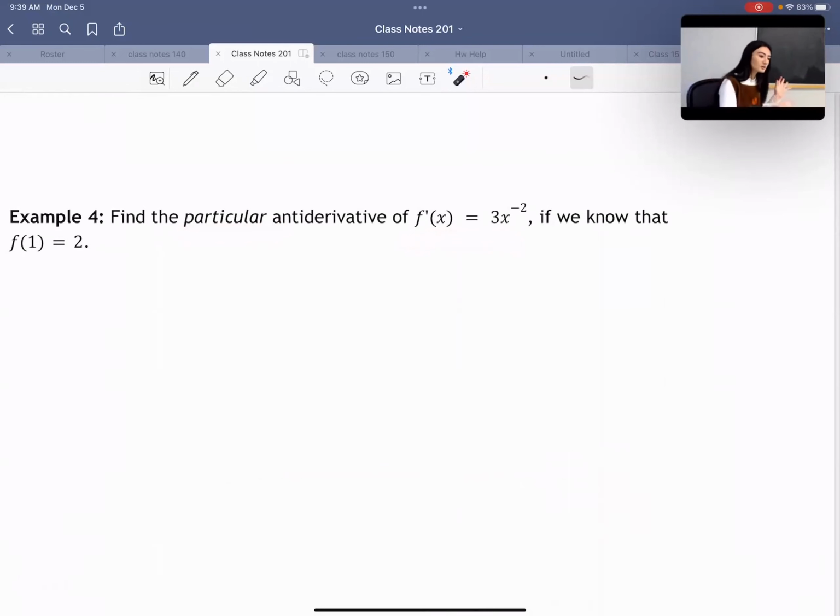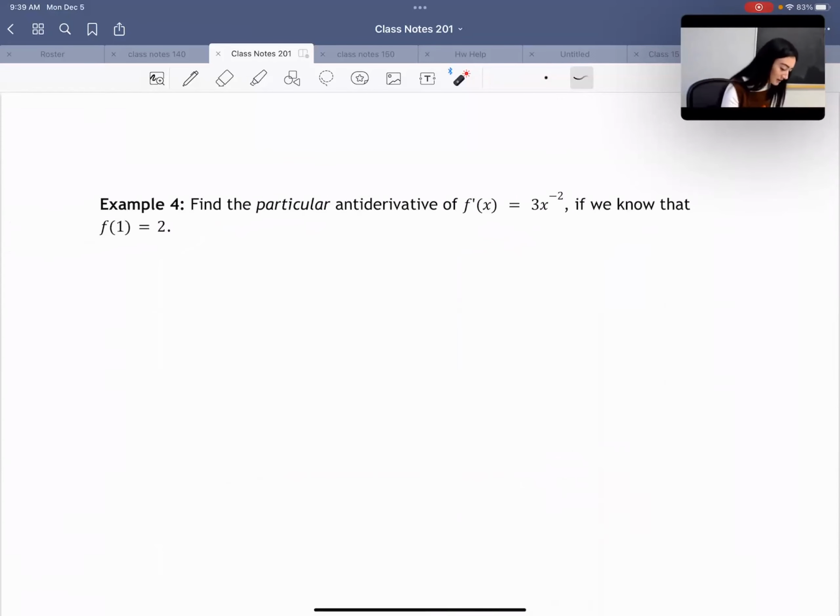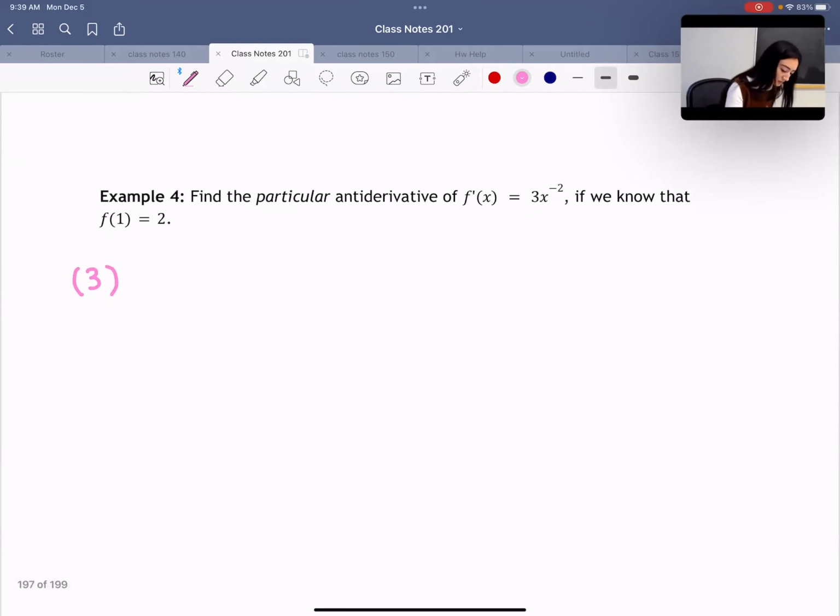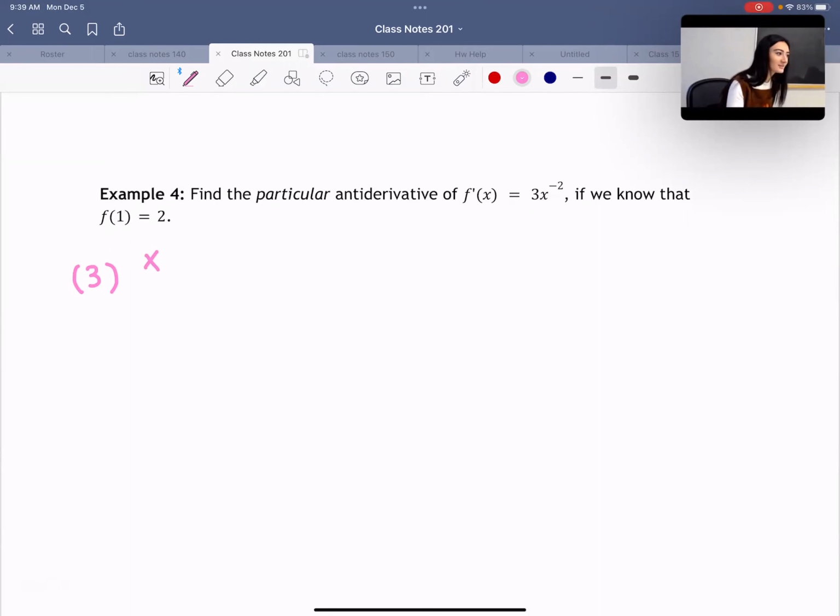We want to find what the original function is, which means we want to find the antiderivative. Okay, so I guess we have to use power rule here because it's x to the -2 power. We have a 3 up front here. Okay, what's the antiderivative of x to the -2? What would be the new power of x? Would I add or subtract?